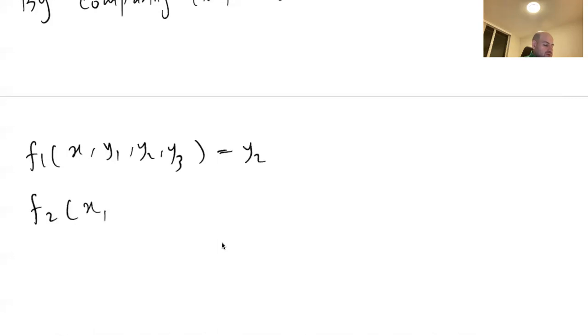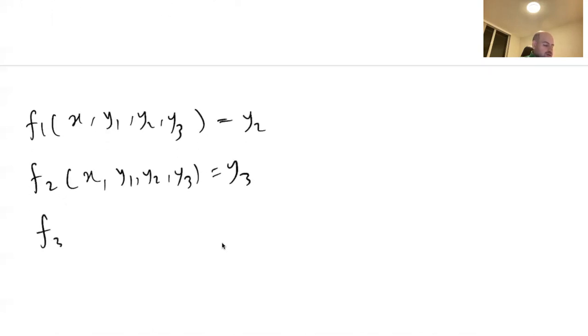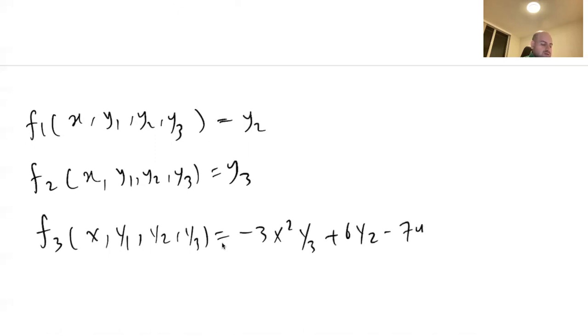F2 of x and y1, y2, y3 is equal to y3. And f3 of x and y1, y2, y3 is equal to minus 3x squared y3 plus 6y2 minus 7y1.